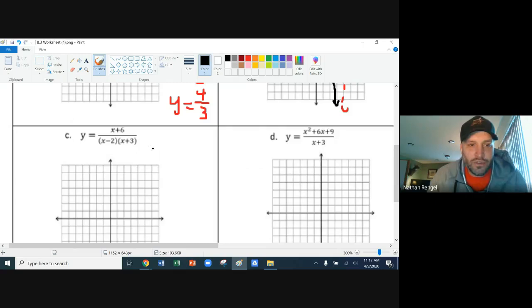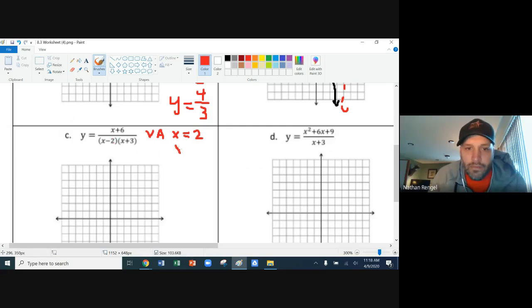So looking at this next one, x plus 6 up in my numerator, I look at my denominator. There's nothing to remove, so both of these are going to be vertical asymptotes. So we'll just make a list here. We got a vertical asymptote at x equals 2. That's because I'm just doing a point of discontinuity. So point of discontinuity, x minus 2 equals 0. So 2 minus 2 is 0.